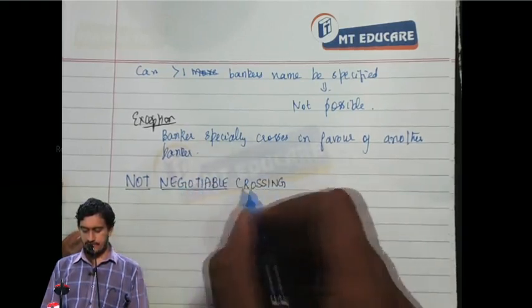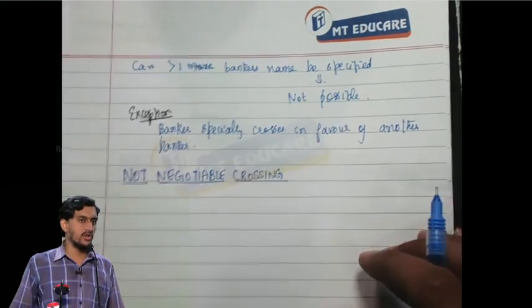Let me discuss the next type of crossing called not negotiable crossing.